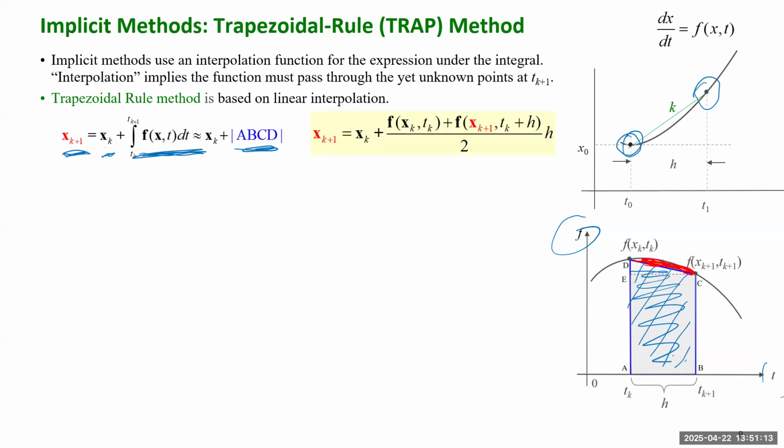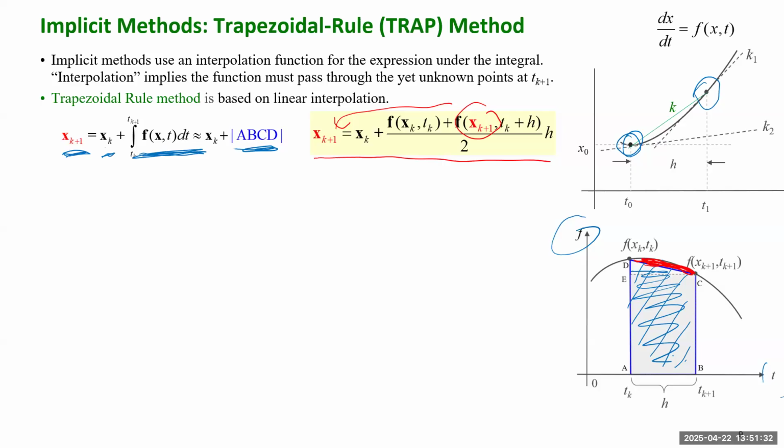So this will be the formula for the trapezoid rule method. It's very similar to the modified Euler method. The only difference is that this one will use the state value to be calculated instead of from the previous step.